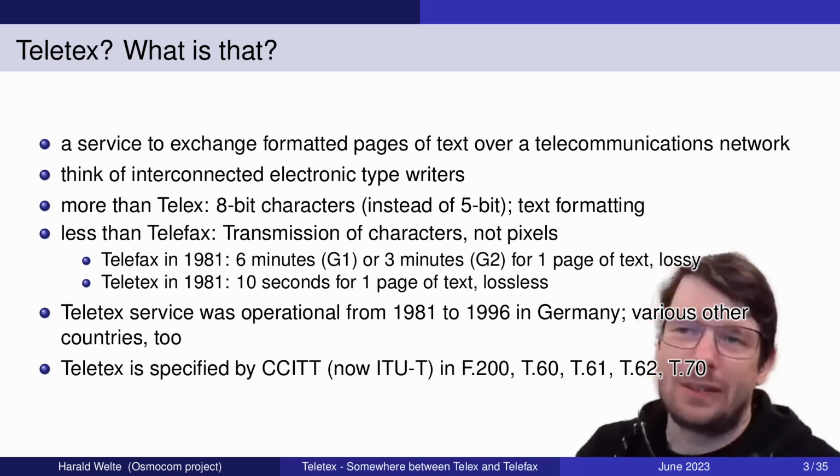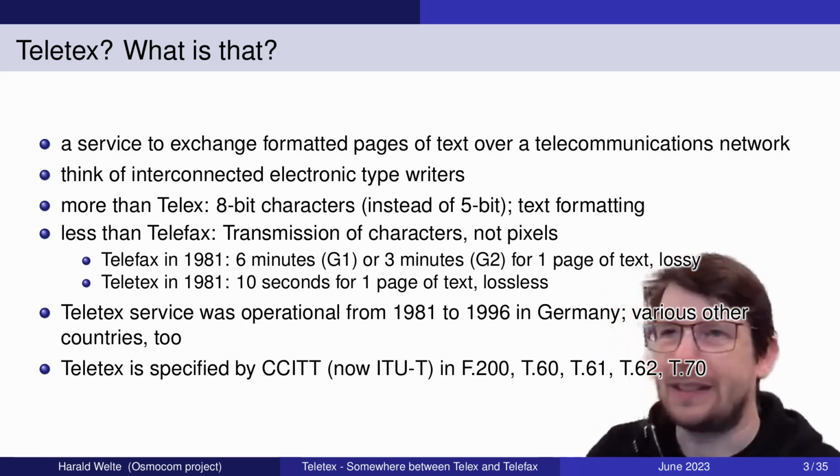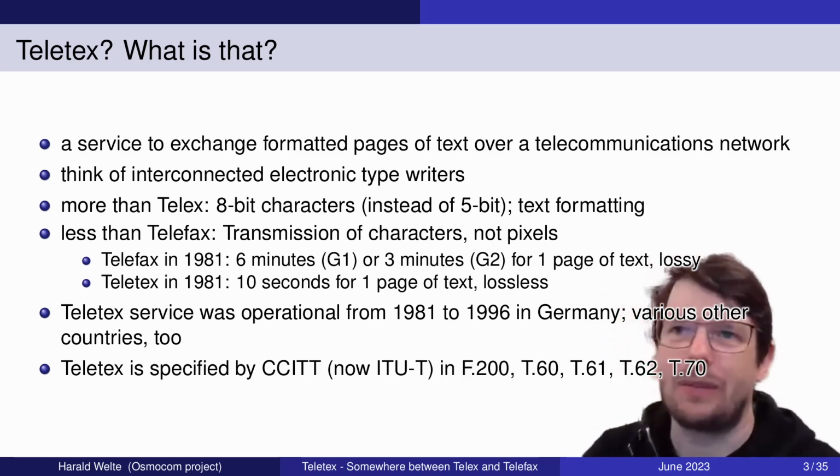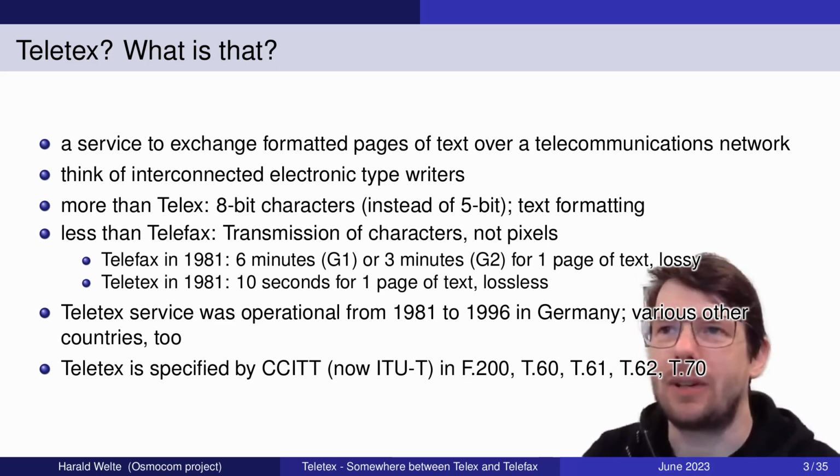I always assumed until recently that, given that Teletex is a logical step somewhere in between Telex and Telefax, Teletex would be older than Telefax, but in fact they were developed sort of in parallel to each other, interestingly. So it's not that Teletex is clearly older. We will look at the history in a separate slide.